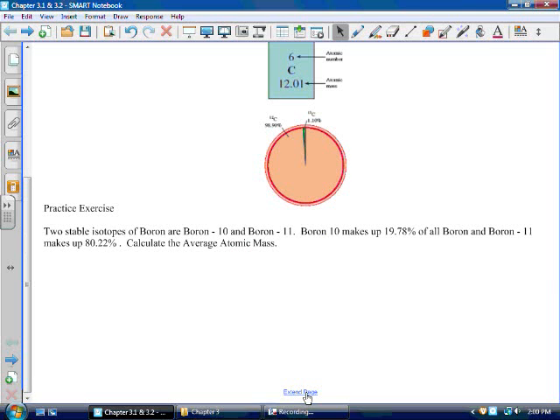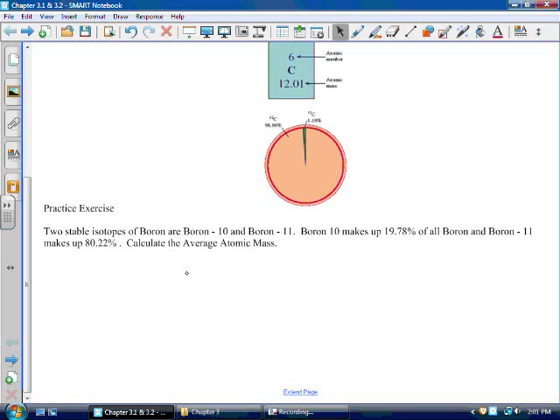As an example, I'd like you to take your notes and do the example shown here in the practice problems. 2 stable isotopes of boron are boron-10 and boron-11. Boron-10 makes up 19.78% of all boron, and boron-11 makes up 80.22%. Calculate the average atomic mass. Average atomic mass, again, is the percentage as a decimal multiplied by the mass.